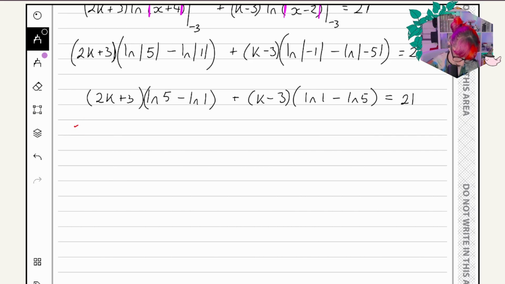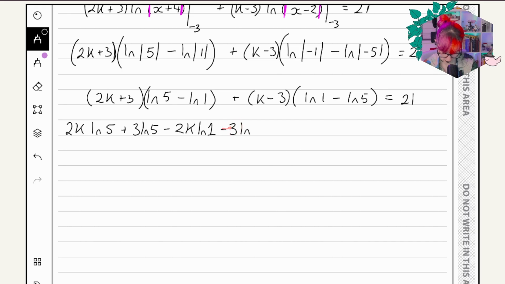Expanding this out then. So we get 2k ln 5. I can see that something's going to cancel, but I'm terrible at doing signs quickly in my head, so I'm going to do it in full. Plus 3 ln 5. And then we get minus 2k ln 1. My L's, my 1's, and my brackets are all starting to look very similar.